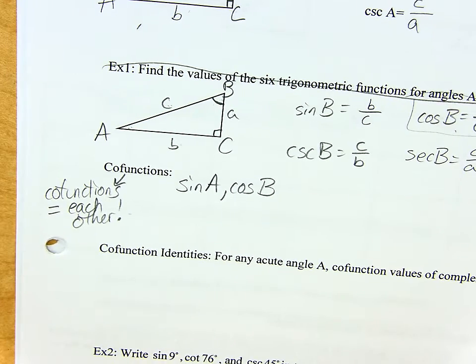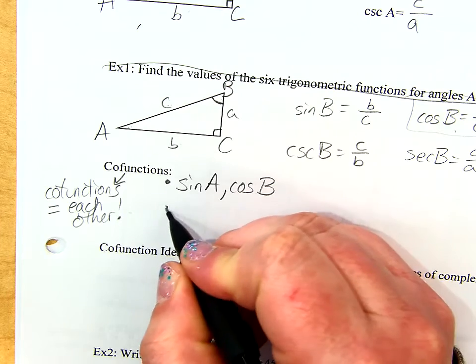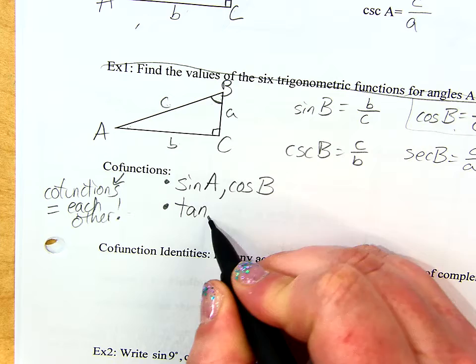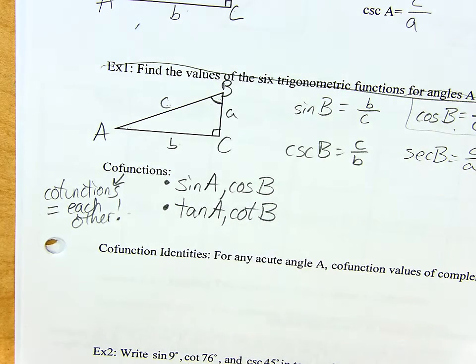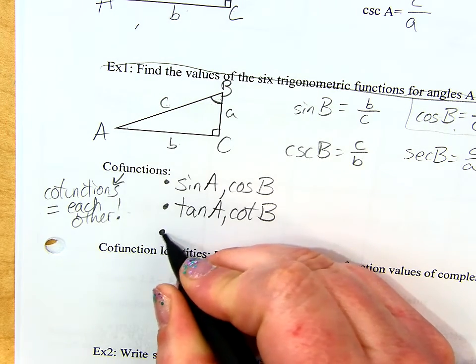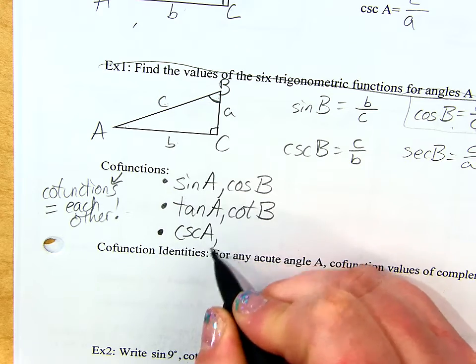Cofunctions equal each other. So there's one pair. Another pair will be tangent and cotangent. And then the third pair are the reciprocal guys, the cosecant and the secant.